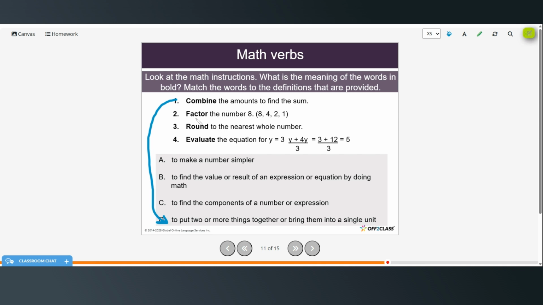Let's see, that would be to find the components of a number or expression. Round would be to make a number simpler. And evaluate the equation is to find the value or result of an expression or equation by doing math.